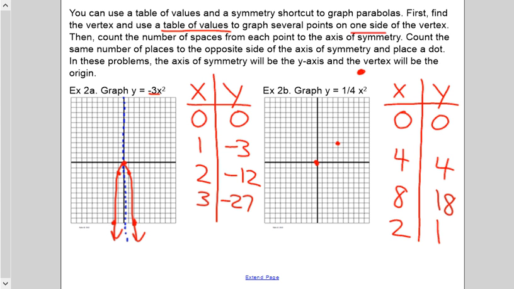So now I have a third thing that's on my graph. The ordered pair 2, 1, so I go right 2, up 1. Now I have 3 dots on my graph. That's what I need in order to make a parabola. Again, the axis of symmetry, in this case, is the y-axis. I'll draw that in there.